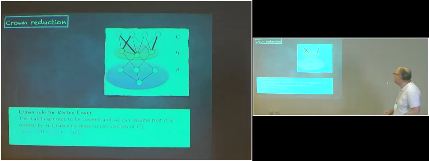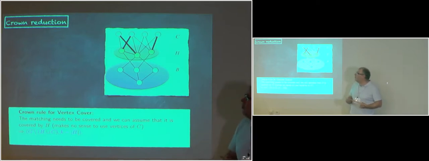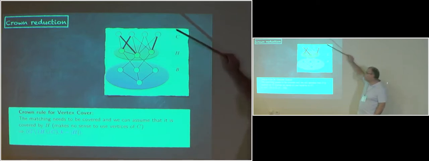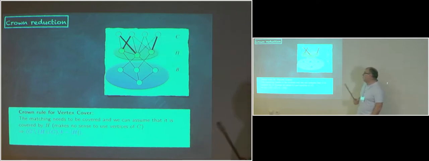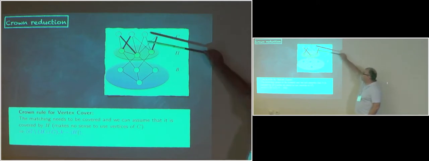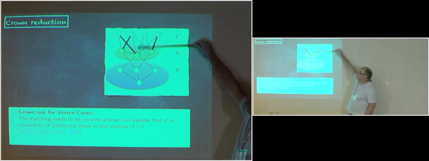Okay, so let's see how we can use crown decomposition for vertex cover. The argument is the following. If I have a crown decomposition here, these edges between the crown and the head have to be covered, right?